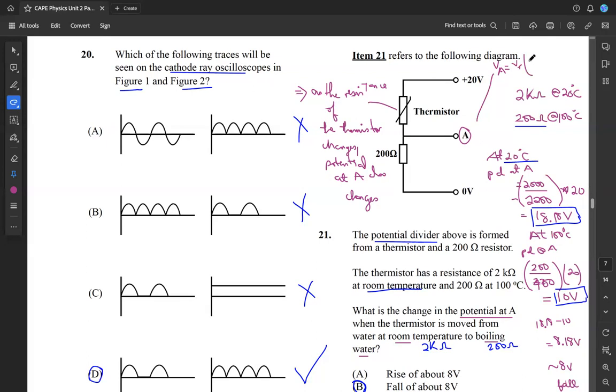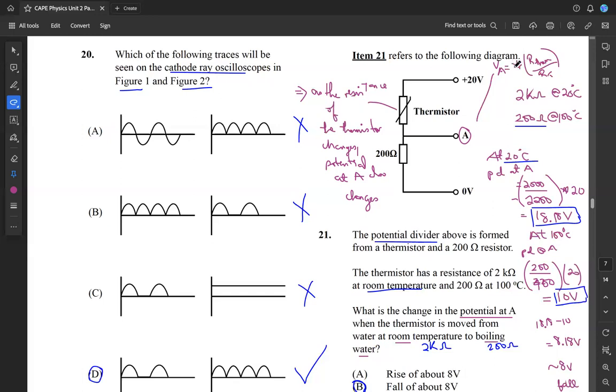I'm going to write the thermistor resistance as R therm. So R therm divided by R total, the total resistance. That would give us the voltage at point A.